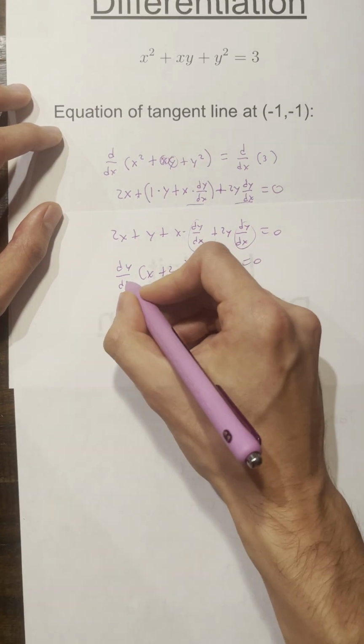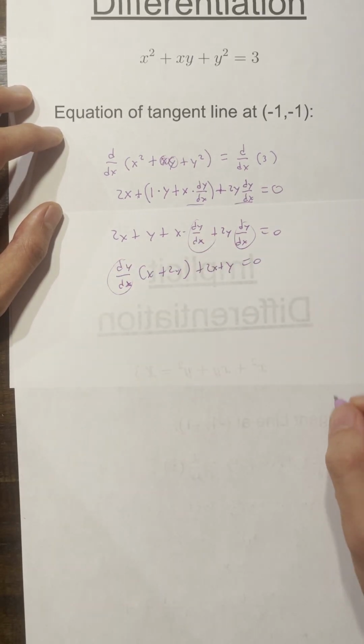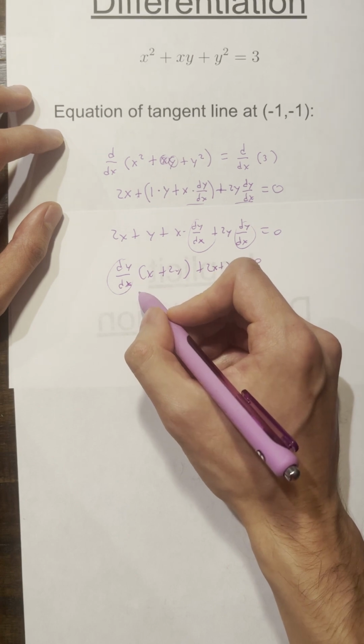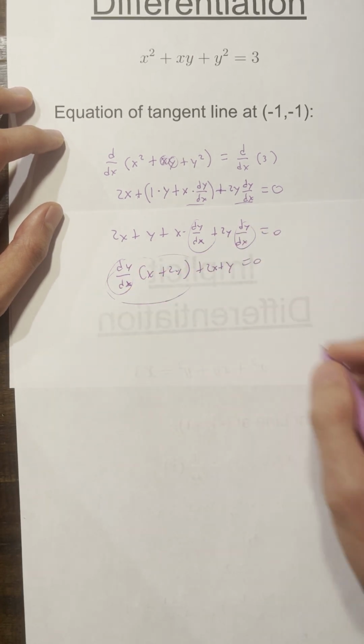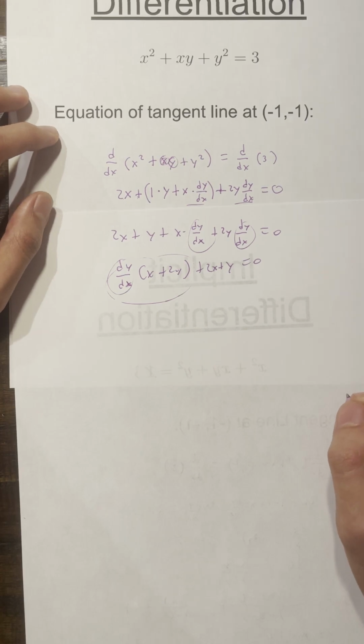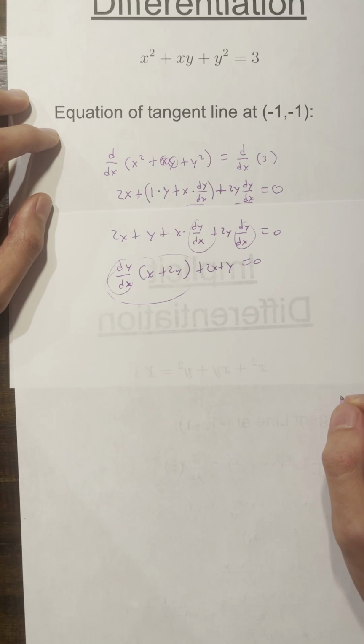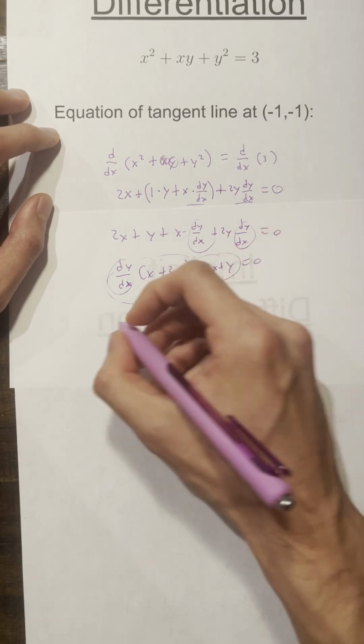Okay, and our whole goal is to get this by itself, right? So before we get this by itself, we need to get this by itself. So what should we do to both sides of this equation? Subtract this.